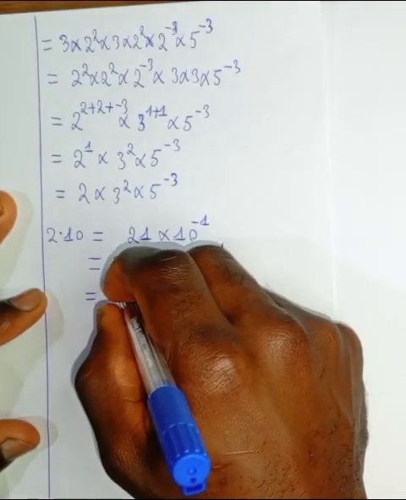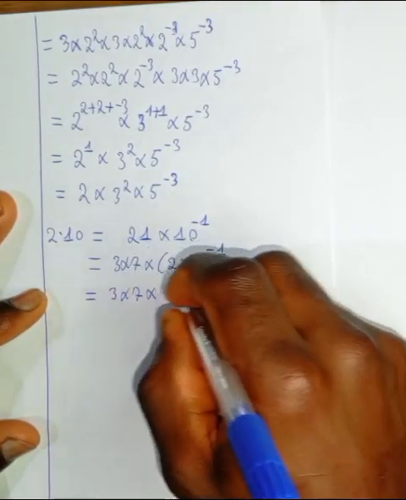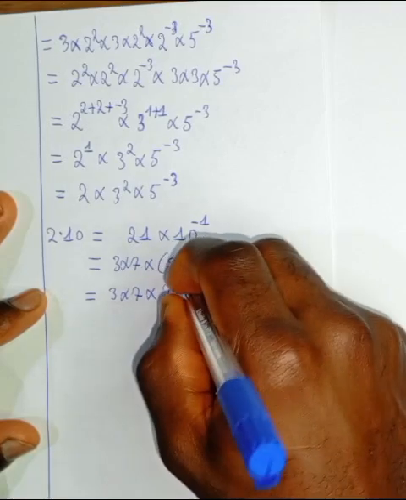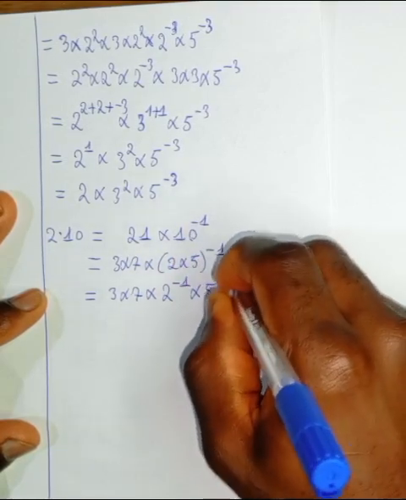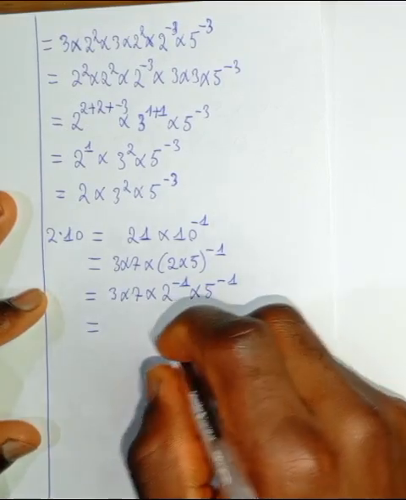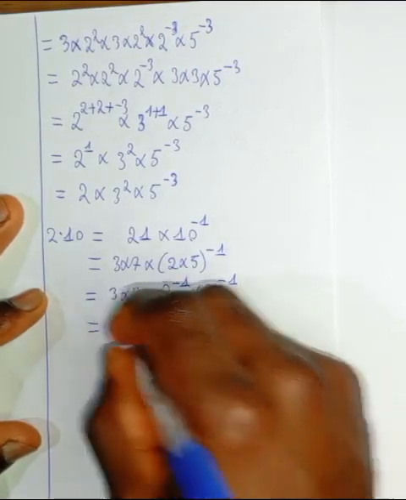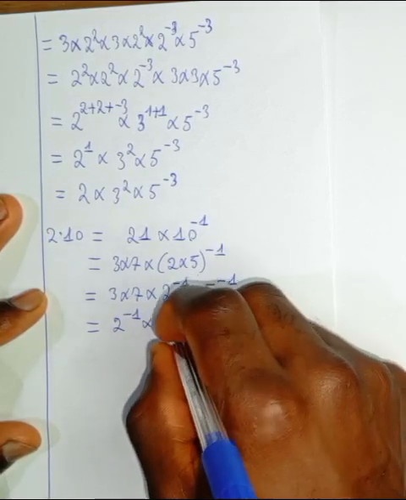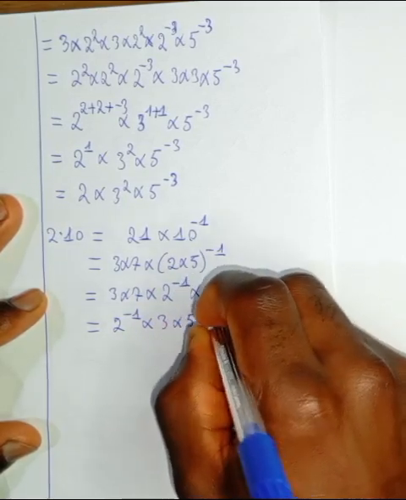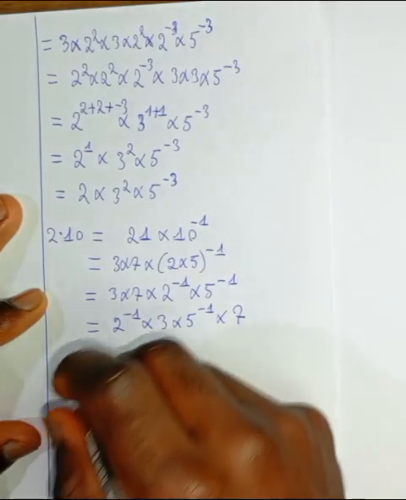This will give us 3 times 7 times 2 raised to the power negative 1 times 5 raised to the power negative 1. And this will simply be equal to 2 raised to the power negative 1 times 3 times 5 raised to the power negative 1 times 7.